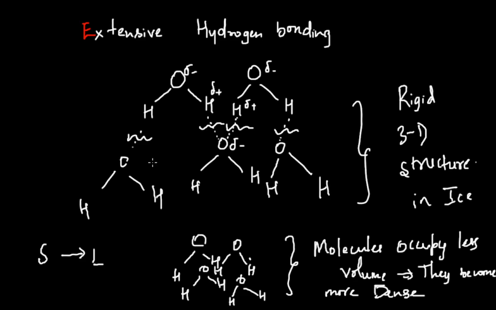It occupies less volume because the extensive hydrogen bonding that was holding the water molecules as well as keeping them apart in ice partially collapses. That is why this rigid structure breaks down to a smaller, lesser volume occupying structure. So that is why the slope is steeper and negative for water.